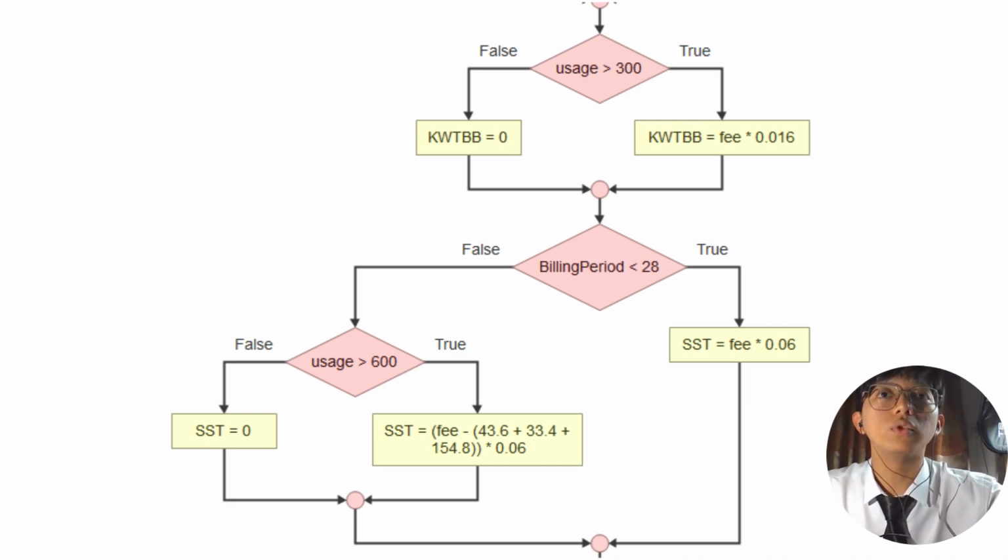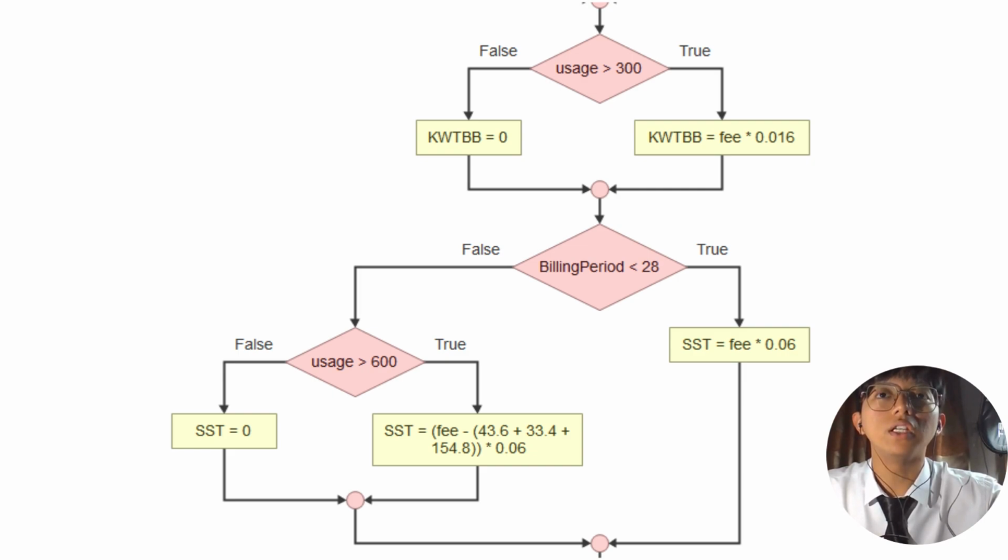If false, which means the billing period is more than or equal to 28, we need to check the usage again. For usage more than 600, we need to calculate the SST. The SST is the fee, the y, minus 63.6 plus 33.4 plus 154.8, and multiplied by 6%.